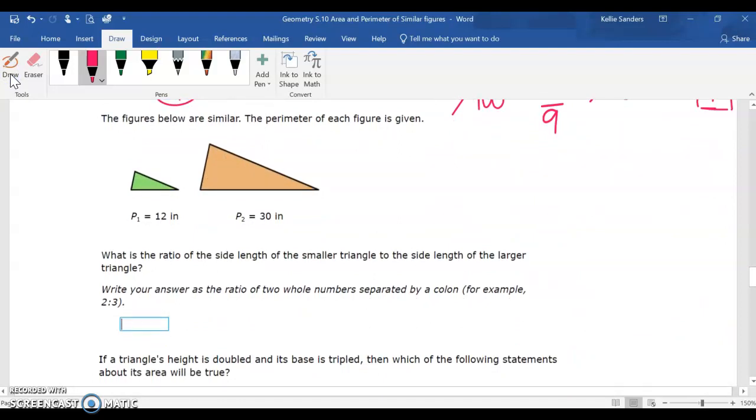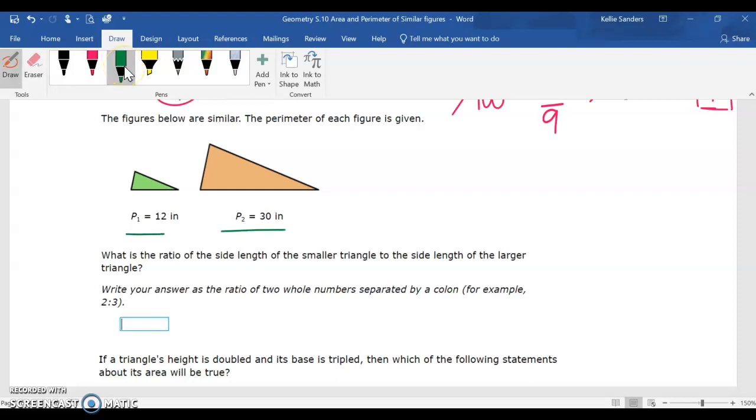Alright, the figures below are similar. The perimeter of each figure is given. What is the ratio of the side length of the smaller triangle to the side length of the larger triangle? Okay, so they've switched back to us. Perimeter is one-dimensional, and we're talking about side lengths, so we don't have to worry about any of the squaring.